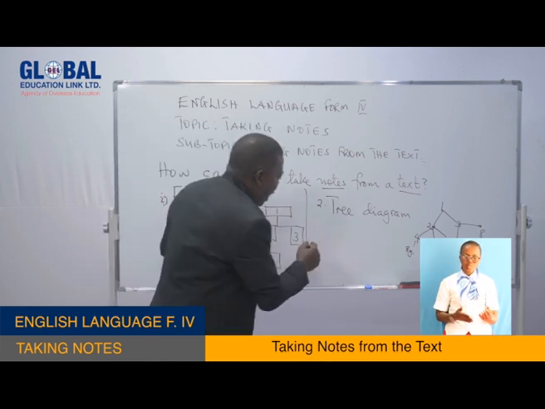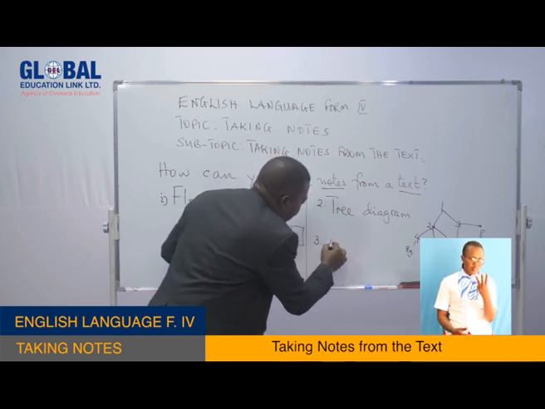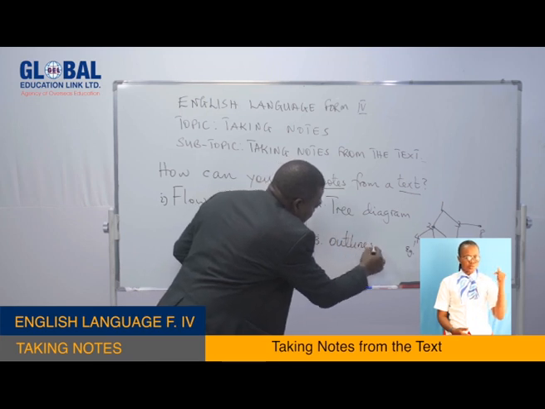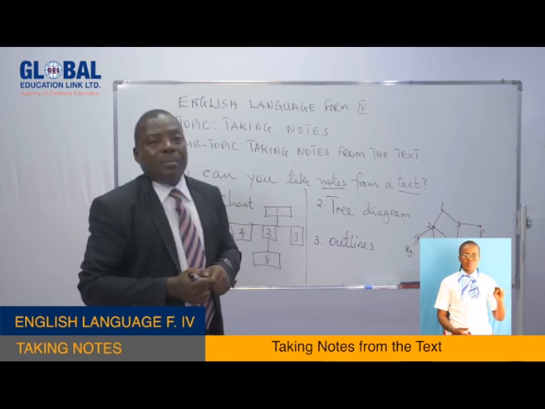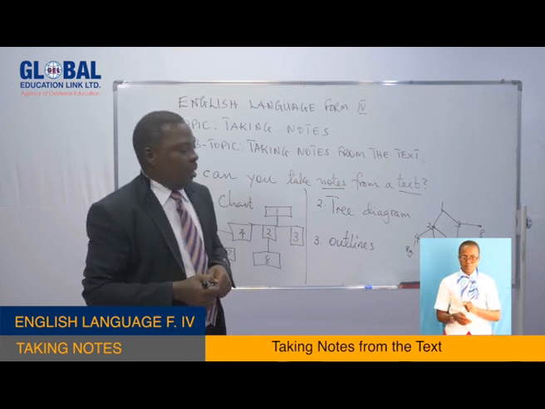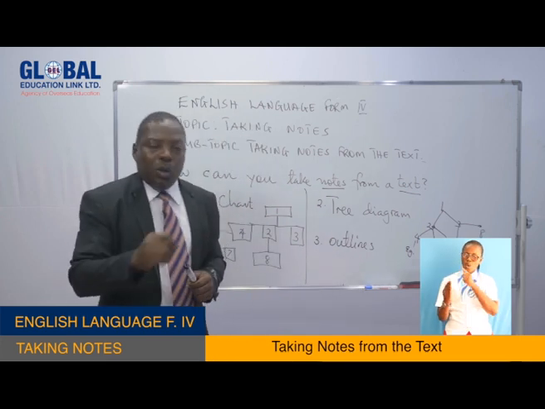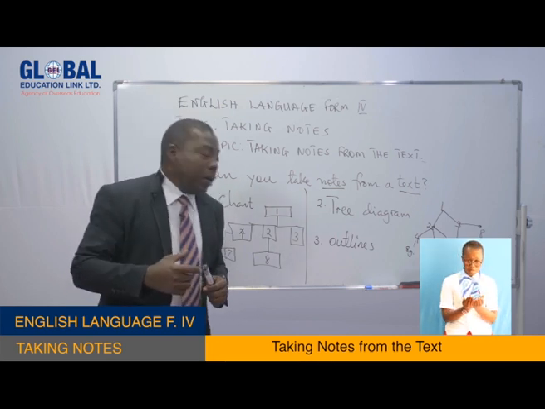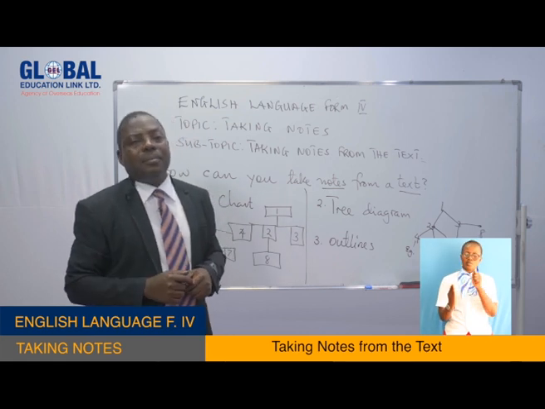But some other people might decide to use outlining. Talk about outlines: you simply list the points as you read. Whatever point you come across, you list it down. So you go on like that.